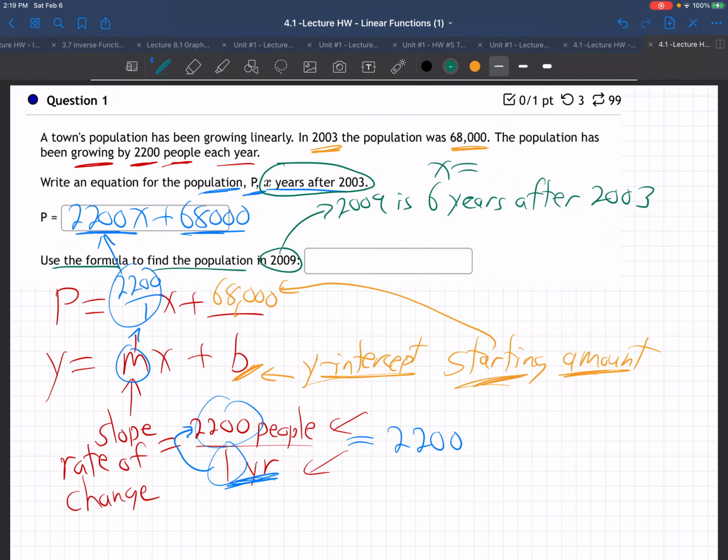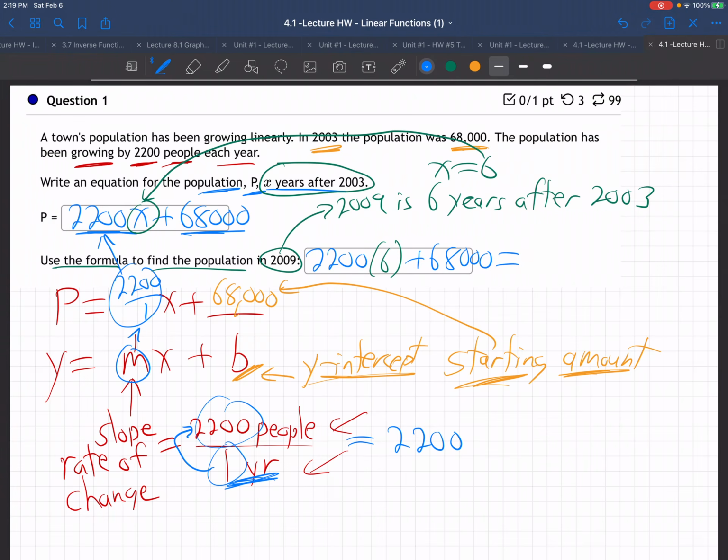So X equals 6. So they want me to plug X equals 6 into that formula. So we'll get 2,200 times 6 plus 68,000.